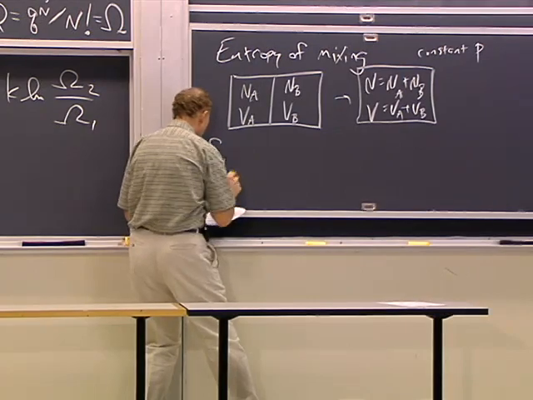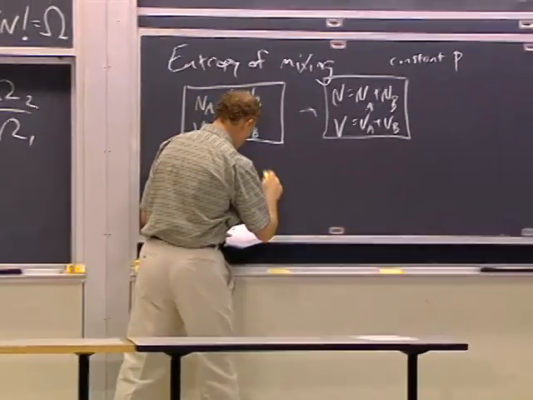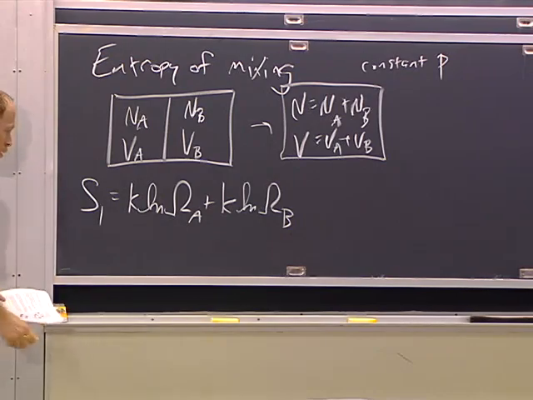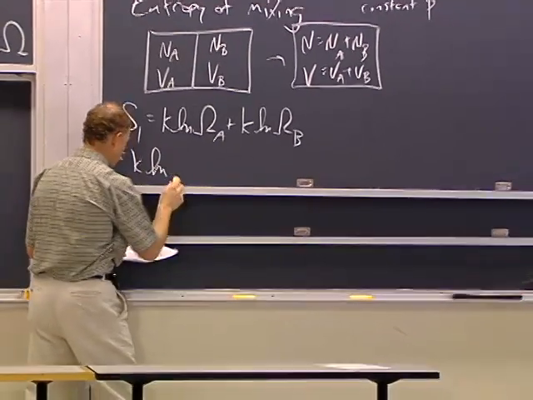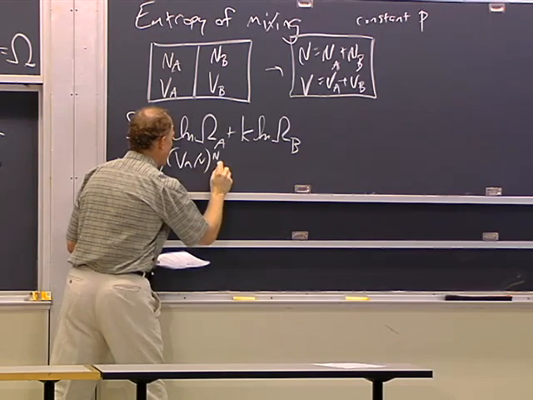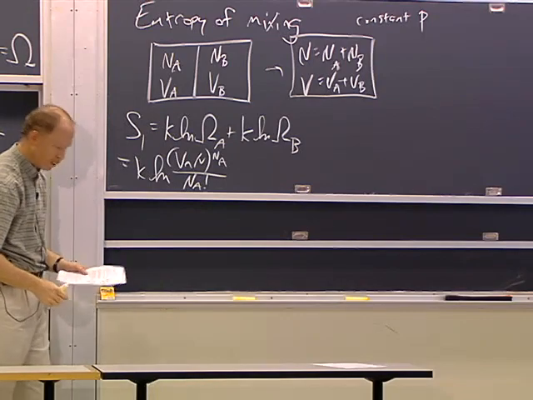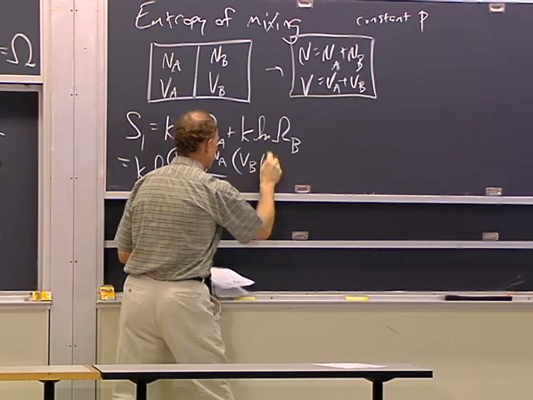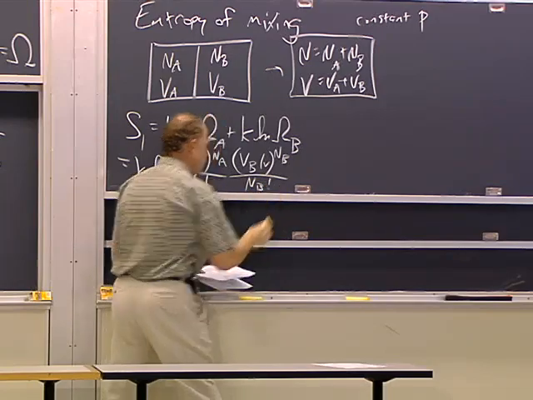So S1, the beginning, it's just k log omega A plus k log omega B, and that's k log of VA over little v to the NA power divided by NA factorial, times the same thing for B: VB over little v to the NB power over NB factorial.